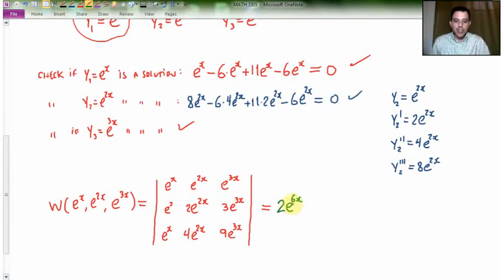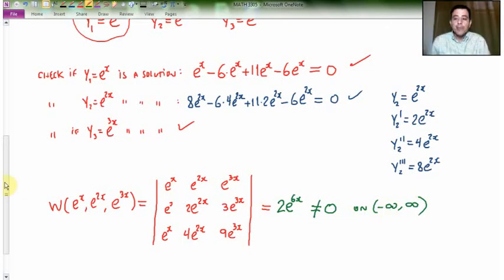Now, can this function be equal to 0? Well, it doesn't matter what x is, this will never be 0, because it's e to the 6x. x can be 0, so this would be 1, can be negative numbers, so this is never 0. So this is different than 0 on the whole real line.